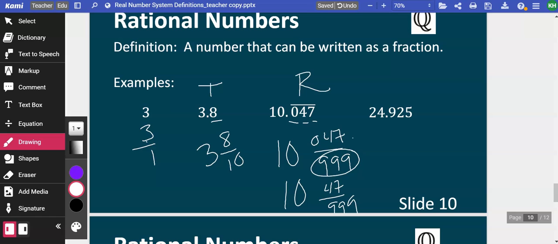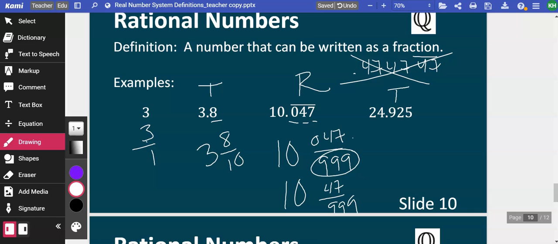So you need to have 3 nines in the denominator. If you just had 47 over 99, if you type 47 over 99 into your calculator, it would give you this, 474747. But if you were to type in 47 over 999, that's the fraction that would give you 0.47.